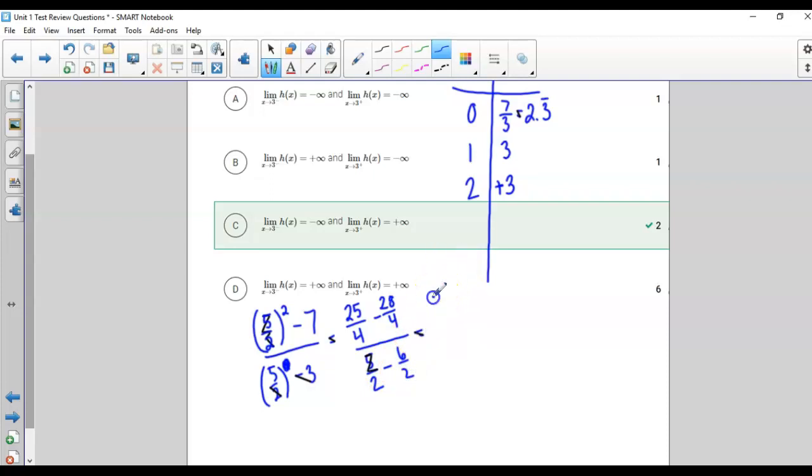And so that is going to give me -3/4 over negative 1/2. Dividing fractions is easy as pie. Flip the second and multiply. So I'm going to have negative 3/4 times negative 2/1. And that is going to give me 6/4, which is 3/2.